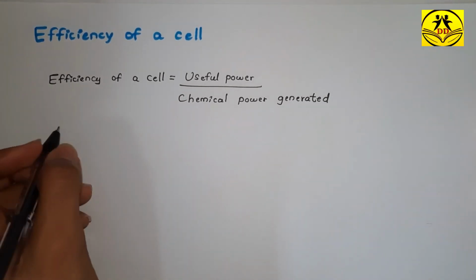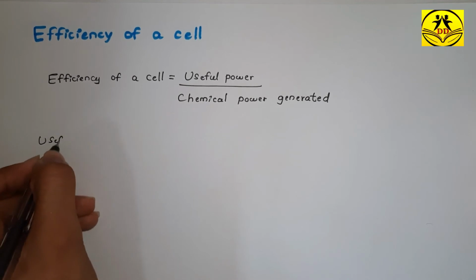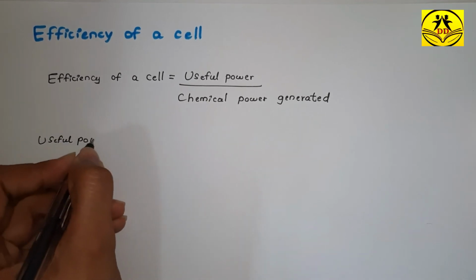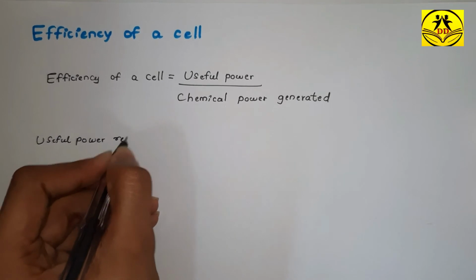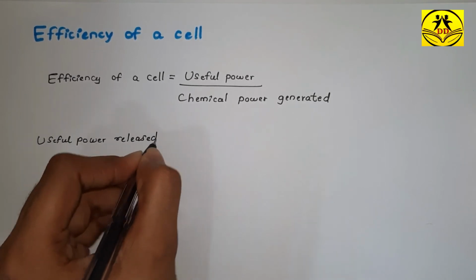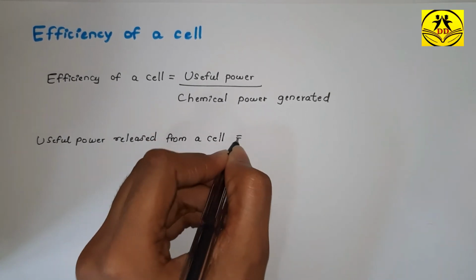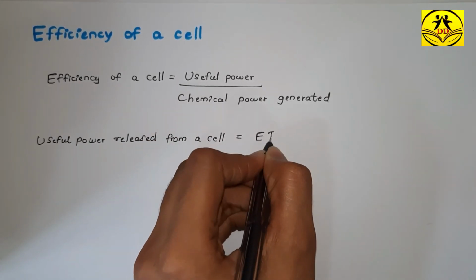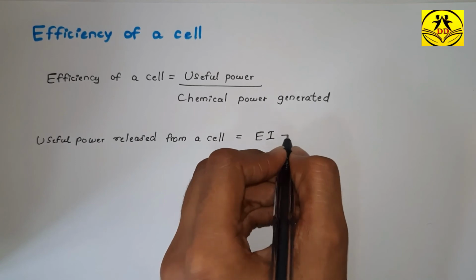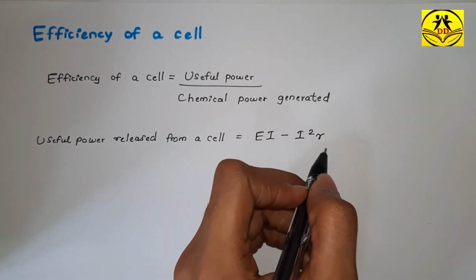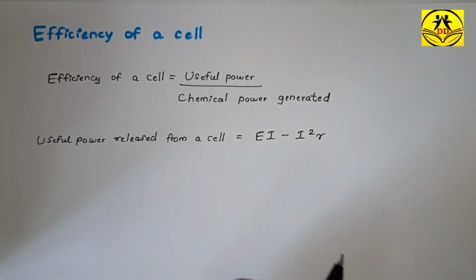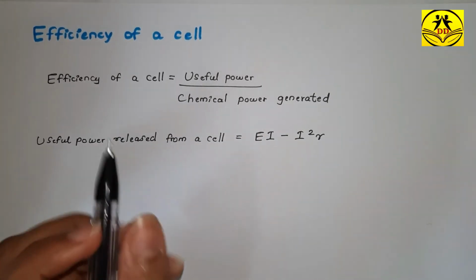So the useful power released actually from a cell will be the power of the cell, which is EI, minus the power across the internal resistance of the cell. So that will be the power given out. It is the useful power.